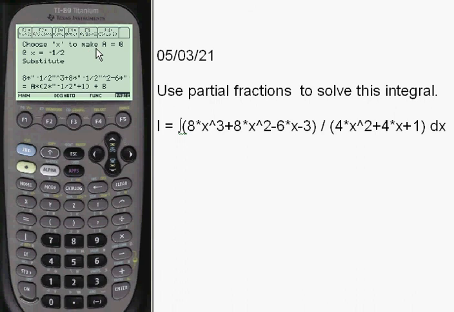And we're going to choose x to make a equal 0. So we choose x equals minus a half to do that, and we substitute for x into the equations. We do the computation, and b is equal to 1 then, okay?